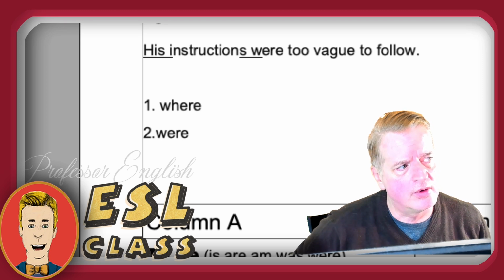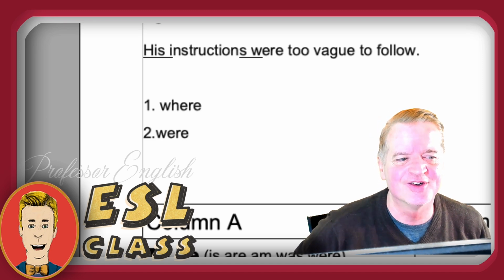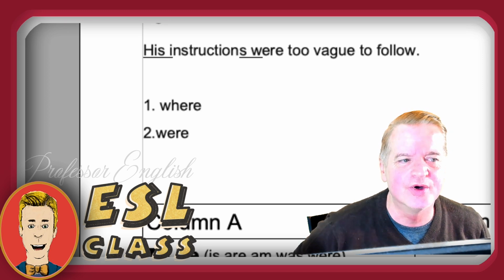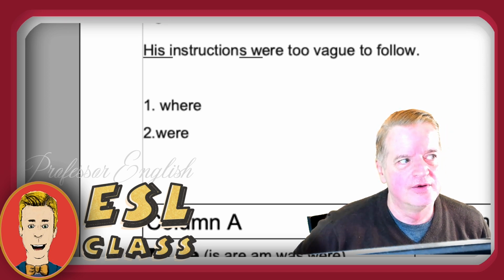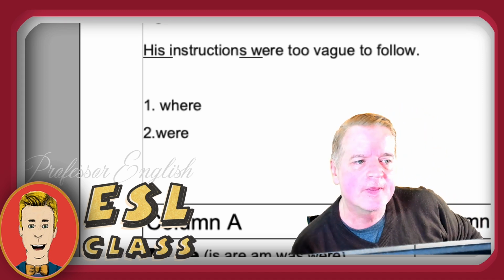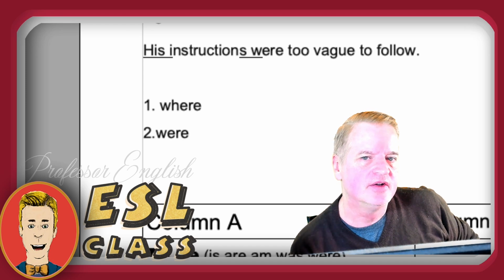Go down deeper into your throat, like you're coughing. Were. It's down there. Were. Yes, were. That's better, because it sounds like you're saying where. Go down. Try again.